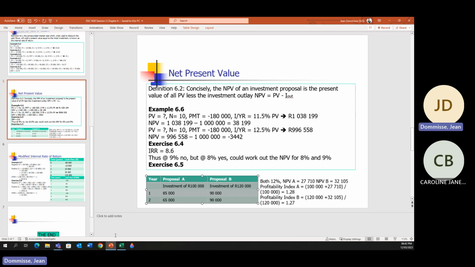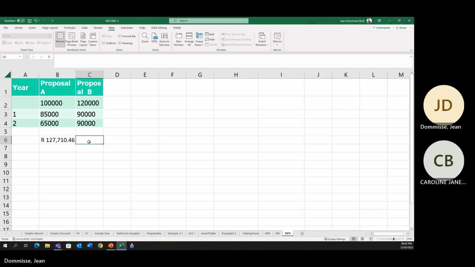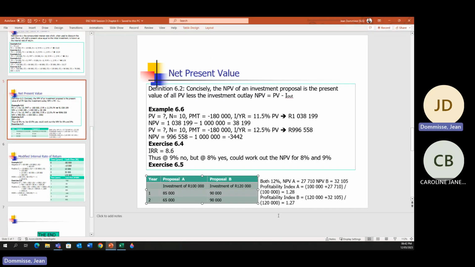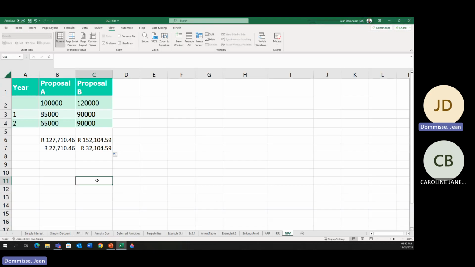Let's just do the same for the second one. I think the two results were 27,710 and 32,105. Okay, so we definitely can use this to work out a net present value.